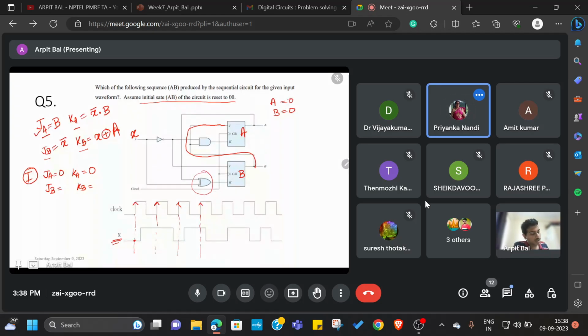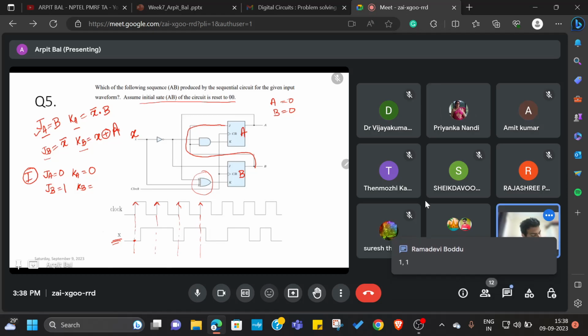Correct. So what is going to be JB? JB is 1 and KB is X, that is 0. X and A both are 0. Yeah, okay, sorry, correct. KB is 0, X is also 0 here.